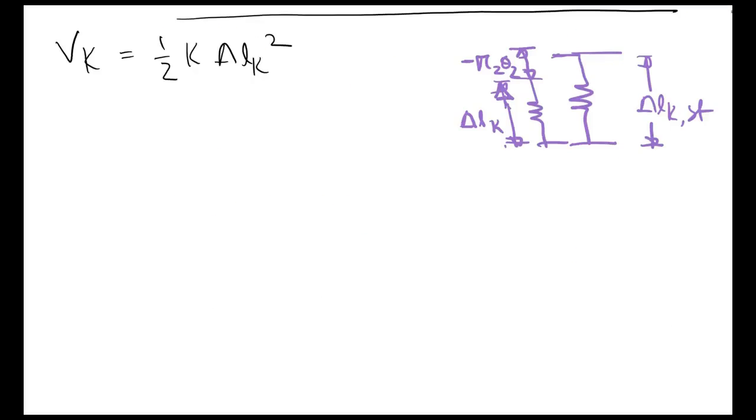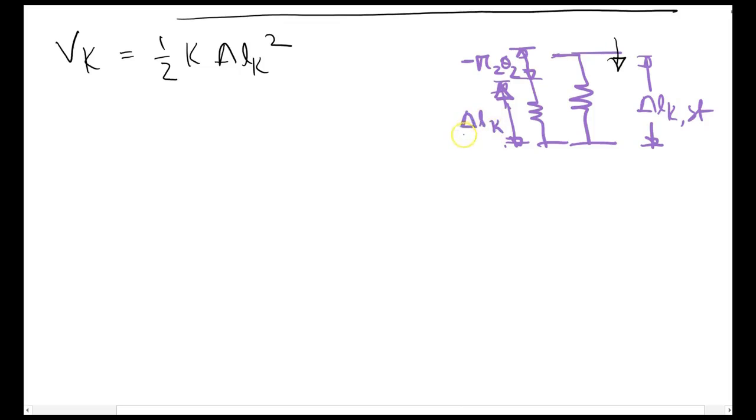Alright, so for elastic potential energy Vk, we can write half K del Lk squared, where K is the spring stiffness and del Lk is the spring displacement. If we consider this spring diagram, where the spring is at initial elongation or displacement, we call this del Lk static. This is the static deflection of the spring. Then when the piston moves downward, the spring becomes shortened.